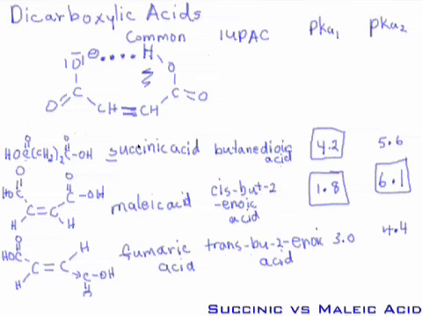So, the increase in acidity for pKa1 and decrease in acidity for pKa2 of maleic acid can be attributed to the hindered rotation of this double bond. And that hindered rotation locking the hydrogen into a position where it can interact through hydrogen bonding with the CO2 minus. Okay.